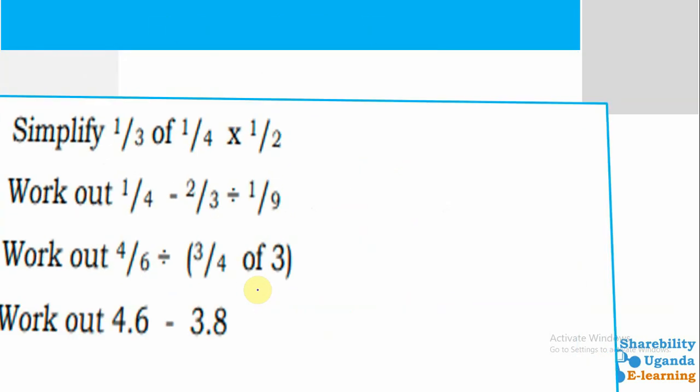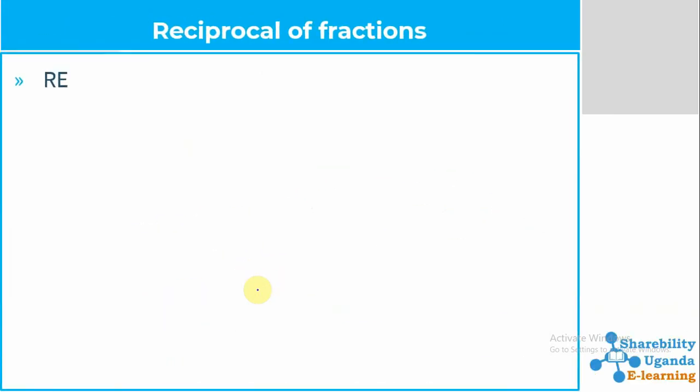Starting with solution number 3, we have 4 out of 6, and we are dividing it by the bracket of 3 out of 4 of 3. That is how the number was given.